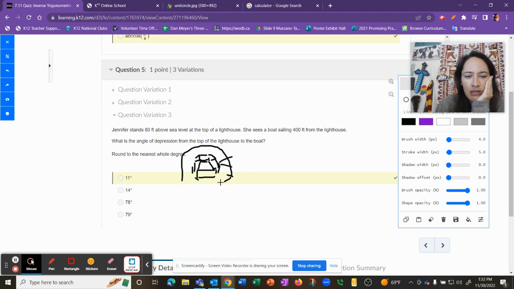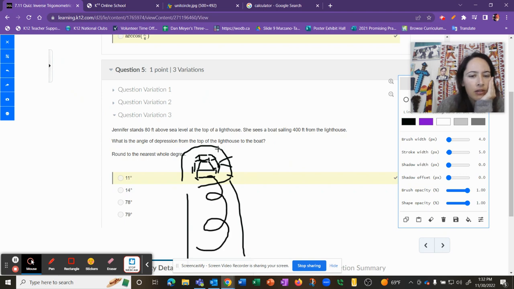It's very neat. So we have our lighthouse. We have the spiral stairs. We're at the top of it. So I'm just going to kind of make it more square so I can draw on the top. She stands 80 feet above, so 80 feet.